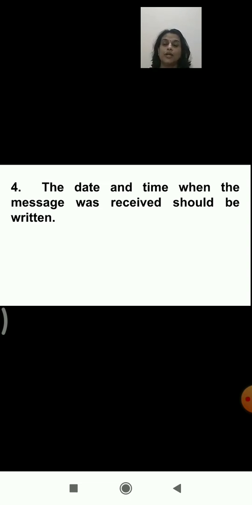Then you will write the date and the time when you got the call from the person. So these are a few important points which you have to keep in mind before and while writing the message. So when you have a question about telephonic conversation, you have to read the question properly, and then start writing.